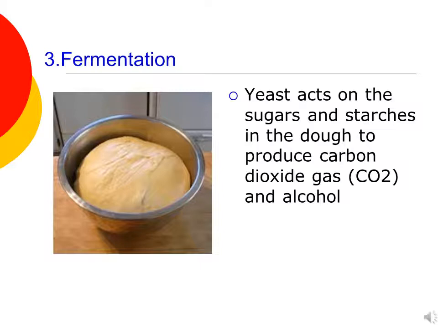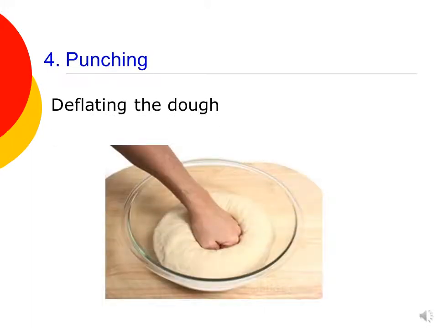It is important to be aware that fermentation continues during the next steps in yeast dough production. Punching is not hitting the dough with your fist. It is a method of deflating the dough that expels carbon dioxide, redistributes the yeast for further growth, and relaxes the gluten. It even equalizes the temperature throughout the dough.